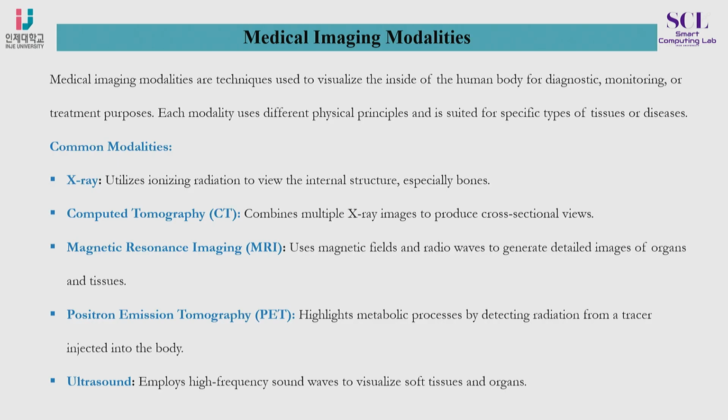For example, X-ray images, mostly in pneumonia cases or during COVID-19, mostly people used X-ray images and found the affected area in the lungs. And also we have CT, MRI images, PET images, and ultrasound images. So these are different kinds of modalities in medical imaging, and people are using these techniques for image acquisition.